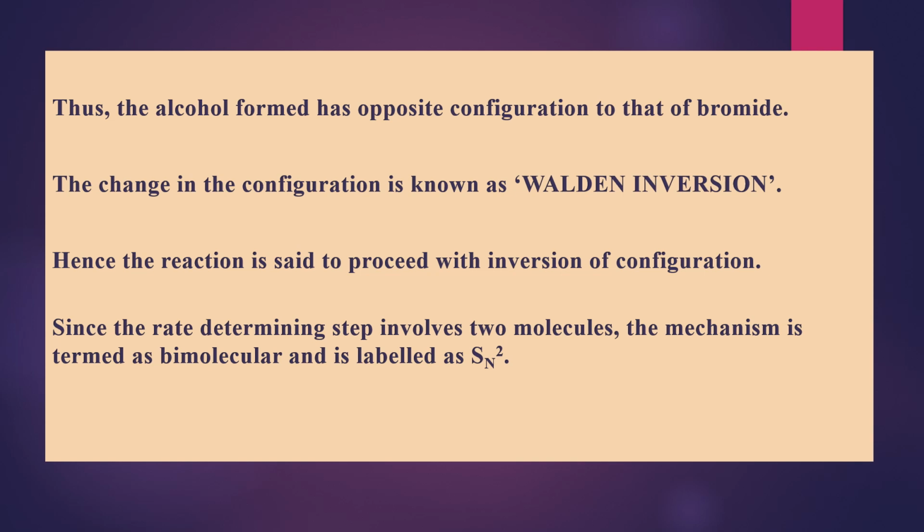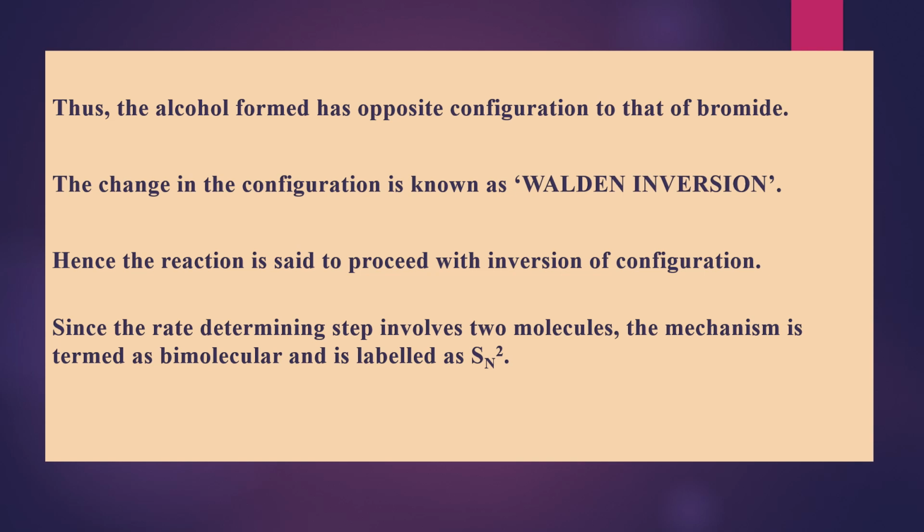Okay, now the alcohol, that is methyl alcohol, formed has the opposite configuration to that of the bromide. Okay, students, now the change in the configuration is known as Walden inversion. What is it, students? Underline this point. The change in configuration is known as Walden inversion.